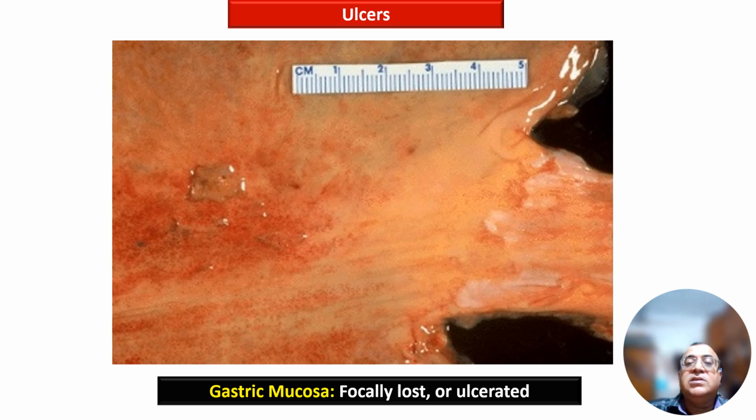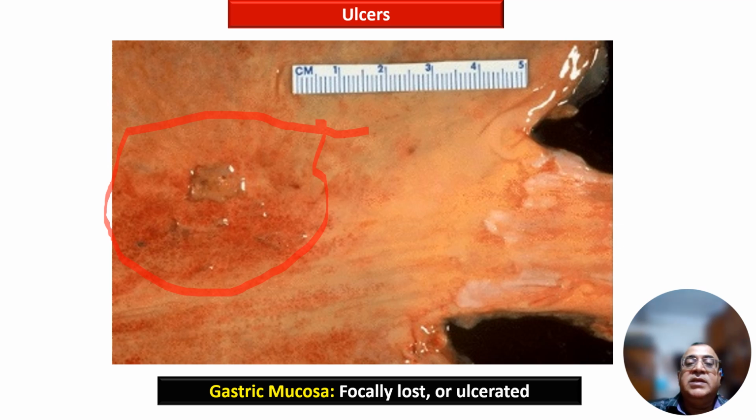Ulcers are one of the consequences of acute inflammation and are especially seen on epithelial surfaces. The inflammation destroys the mucosa as is seen over here, where there is focal loss of gastric mucosa.